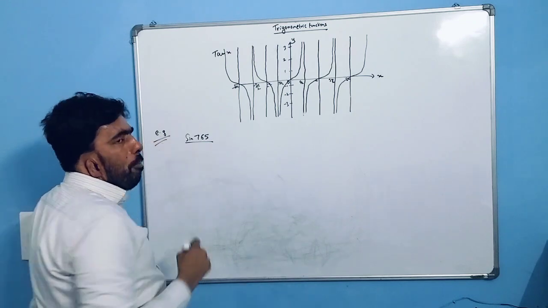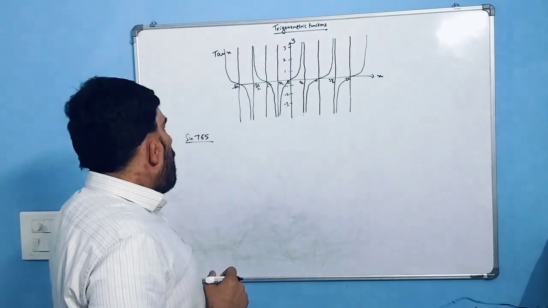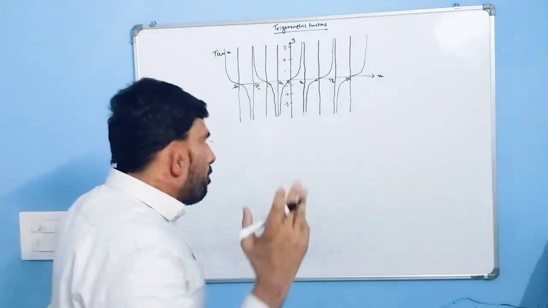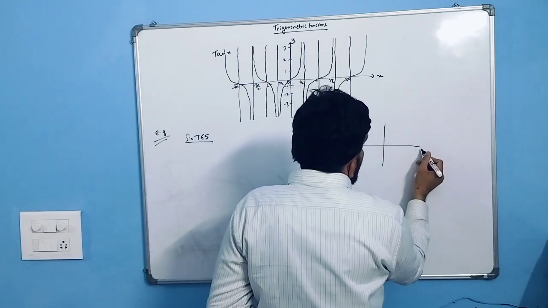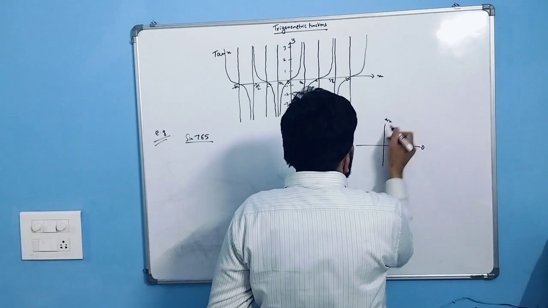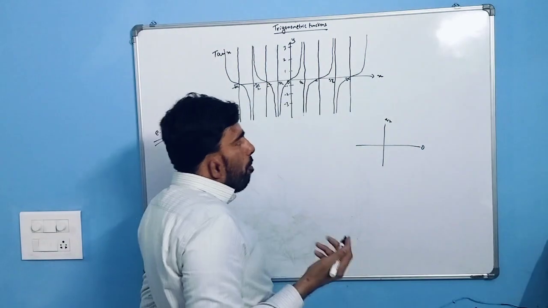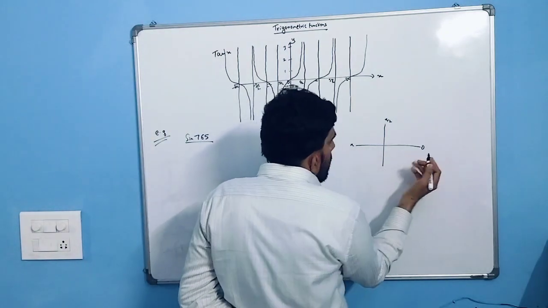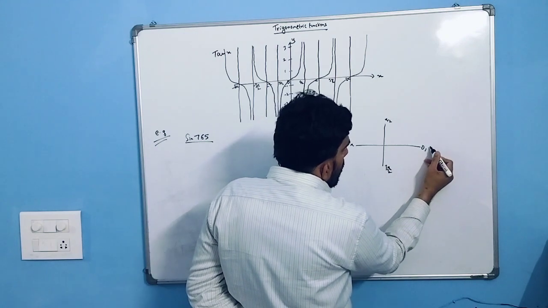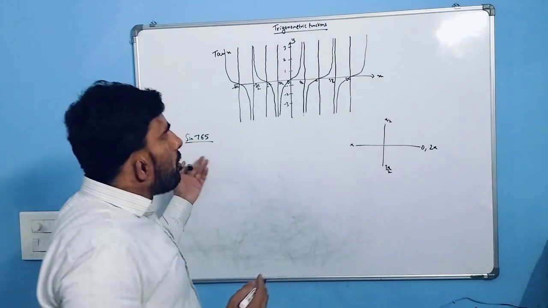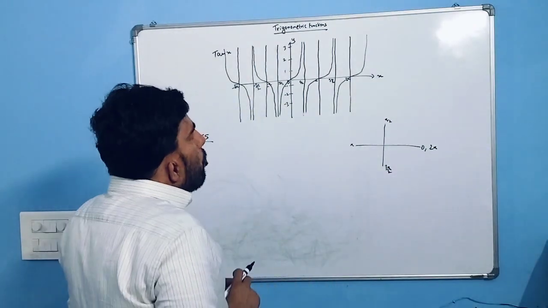Now we'll try some numericals so that it will be more clear to you how you can use that graph, which quadrant the ratio will be positive or negative, 0, 90, 180, 270. While solving such numericals, you can easily draw here so that we can find the value.